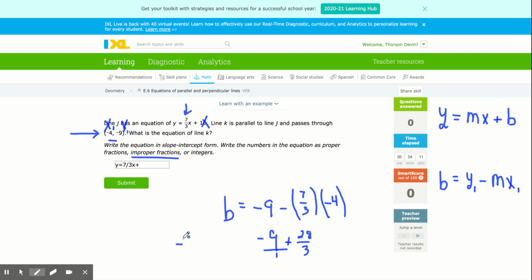That's going to be a -27/3. That's my 9 here, added to my 28/3. That's this 28/3. And obviously, -27 plus 28 is a positive 1/3. So my b value is 1/3.